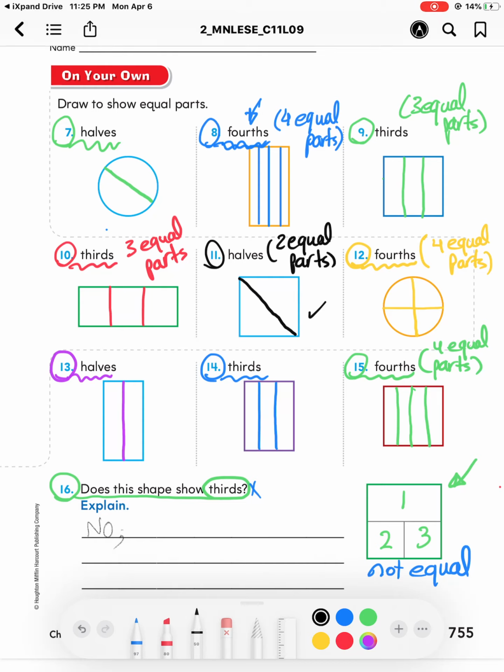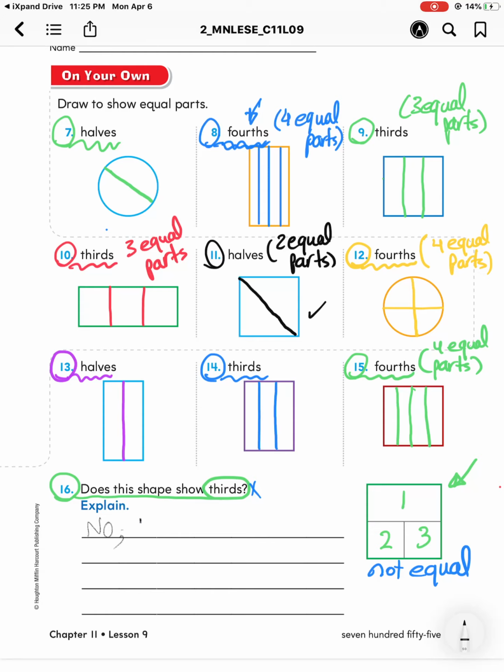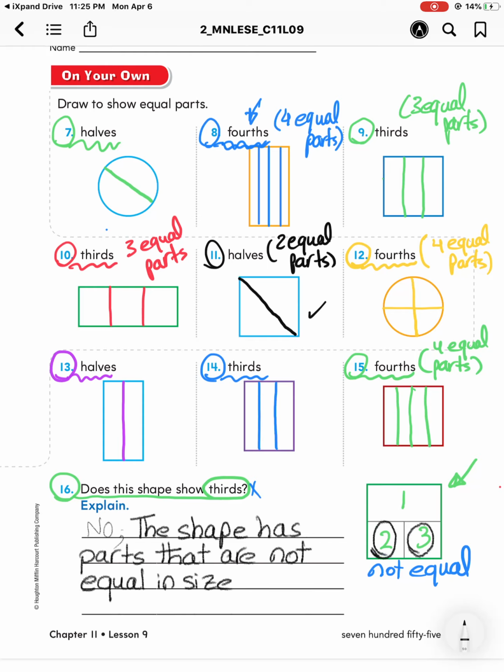Okay. The shape has parts that are not equal in size, and the 3 parts must be equal in size to show thirds. Now let's write this together. The shape has parts that are not equal in size, because if you check the part number 2 and the part number 3, they are equal.